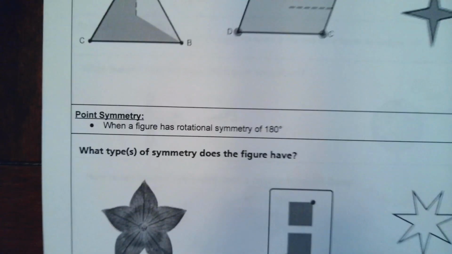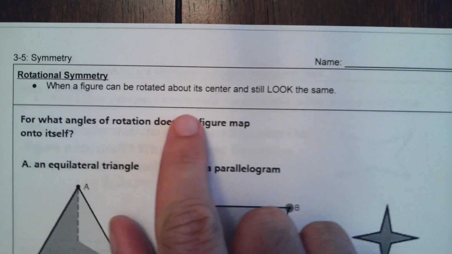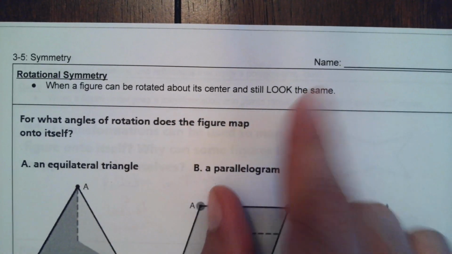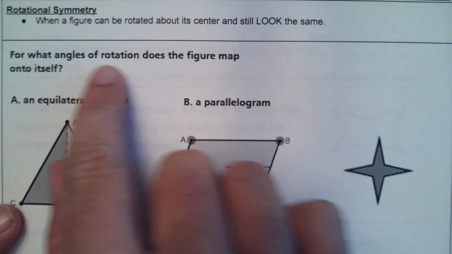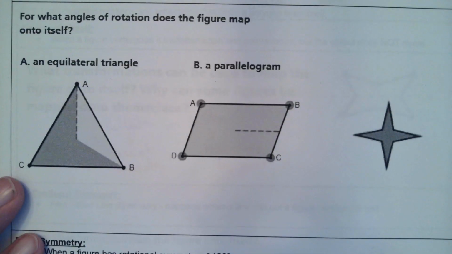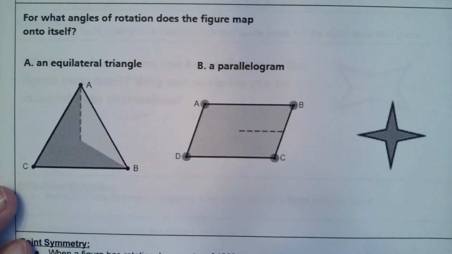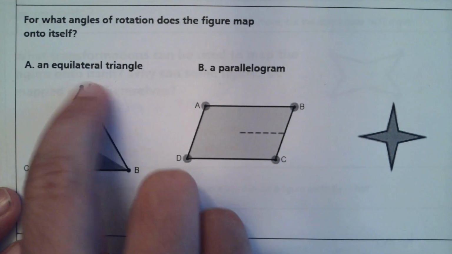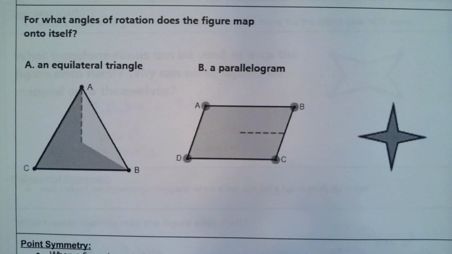Now this can take us to rotational symmetry. So when a figure can be rotated about its center and still look the same. So it has to look the same. So for what angles of rotation does the figure map onto itself? So we have an equilateral triangle. Equilateral, all sides the same.